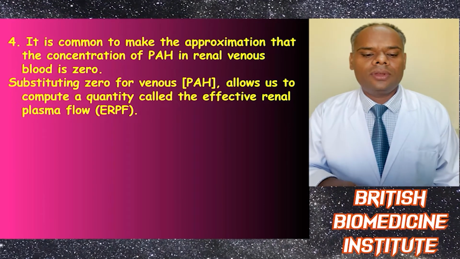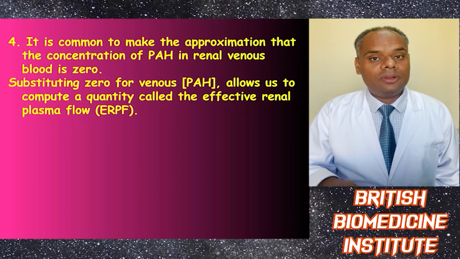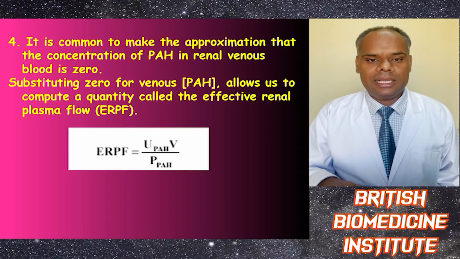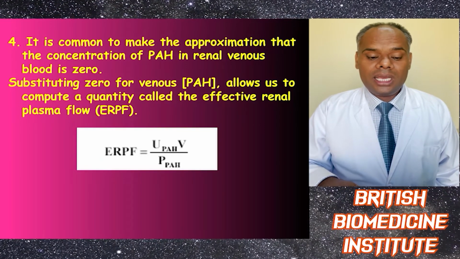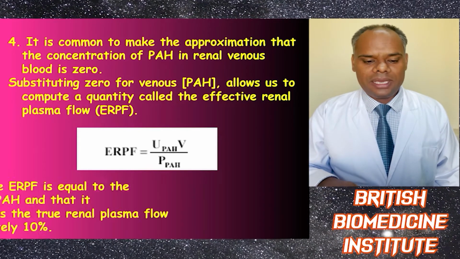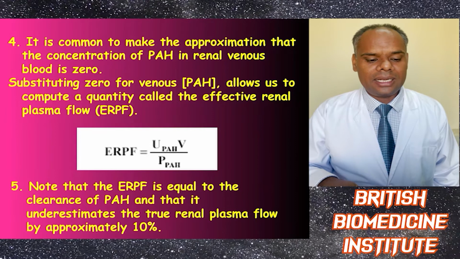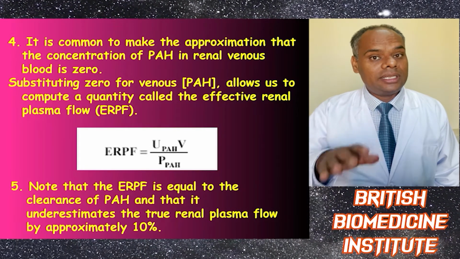So ERPF equals U PAH V divided by P PAH. Here the ERPF is equal to the clearance of PAH, and it underestimates the true renal plasma flow by approximately 10%.